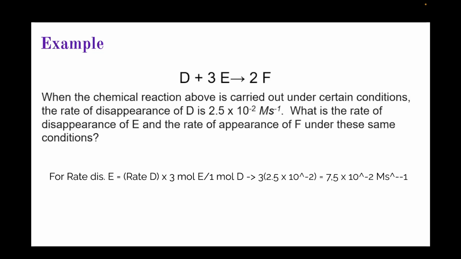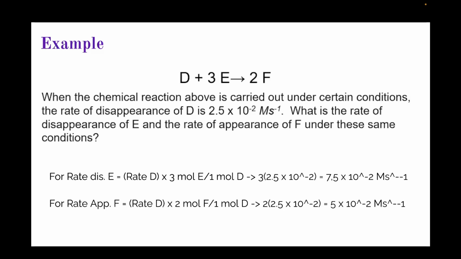If you plug in the numbers, you would have 3 times 2.5 times 10 to the power of negative 2, which results in 7.5 times 10 to the power of negative 2 M·s⁻¹. And then the same you can see here for the rate of appearance of F. It's the rate of D times the coefficient of F over the coefficient of D, as mentioned earlier. And so that results in 5 times 10 to the power of negative 2.